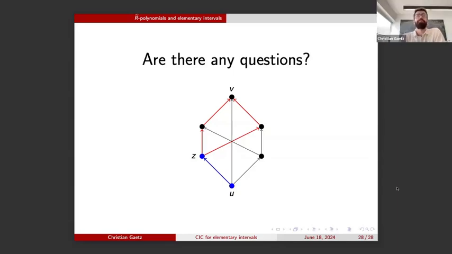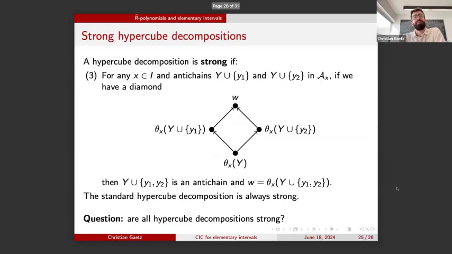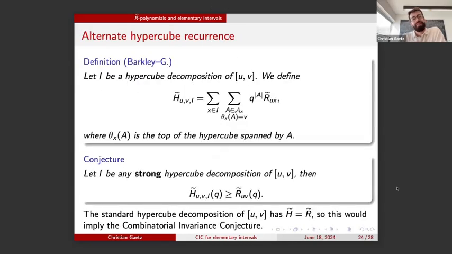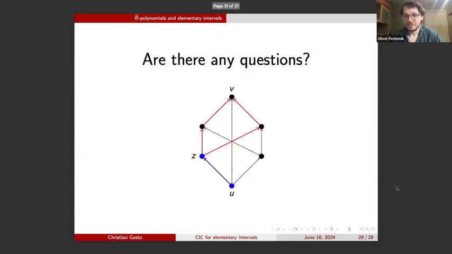Right. Well, for any interval in another type which happens to be isomorphic to one in the symmetric group, then because combinatorial invariance seems to be true, the formula seems to hold. But it's a good question. I don't know anything very concrete about other types. In theory, it wouldn't even have to be from a Coxeter group.